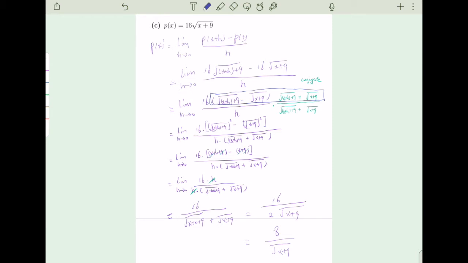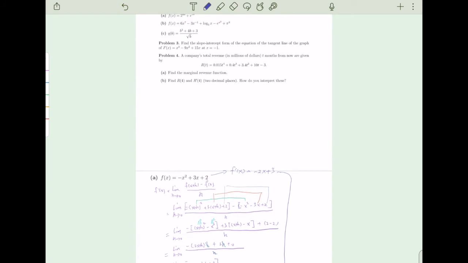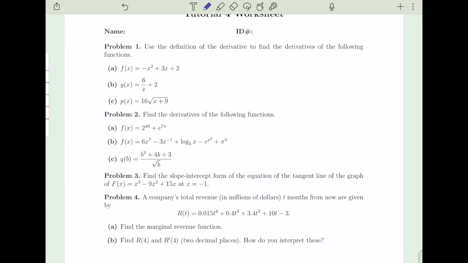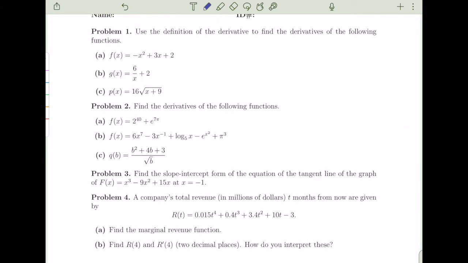Okay, by definition, find the derivative. Yeah, it's very straightforward. Now move on to question 2 here. Find the derivative of the following functions. We basically just apply the rules. Right? For the first one, it's obvious. This 2 to the 40 is a constant.